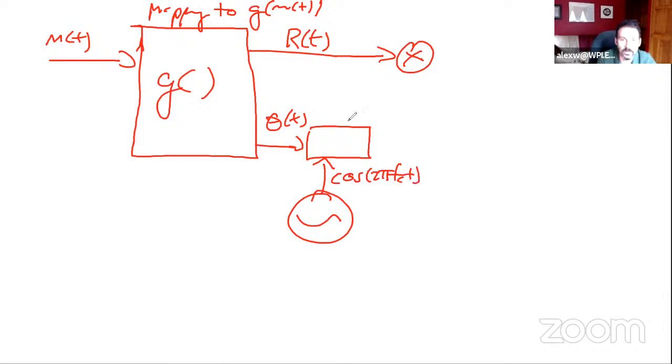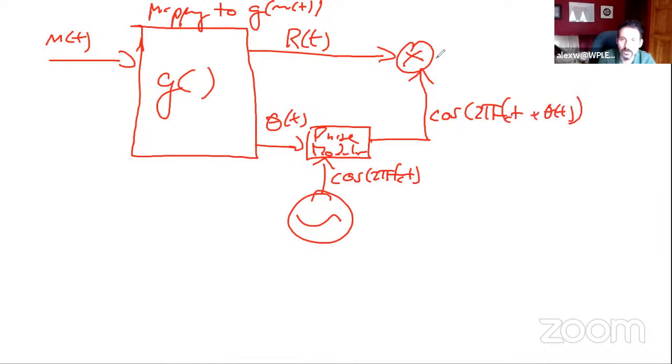So that's great. But what I need is a phase modulator here. And that's going to create 2 pi fc of t plus theta of t. That now, folks, produces v of t.